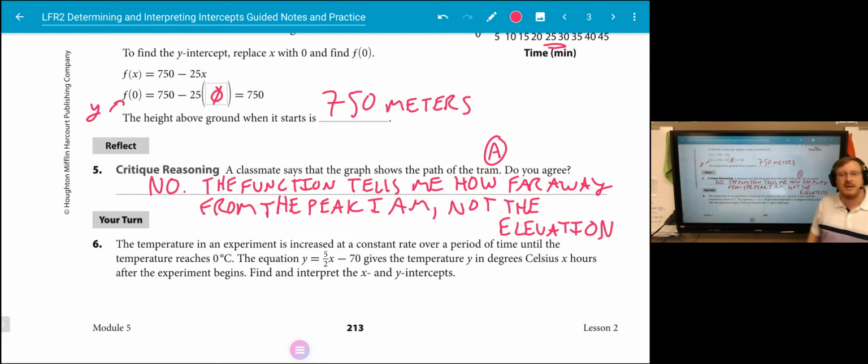In other words, what I'm trying to say is at time 0, I'm 4,500 meters away. That's what that says. And it's going to take me all those minutes to get up there.